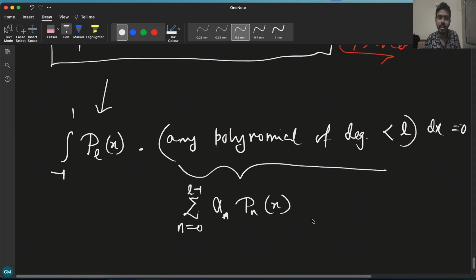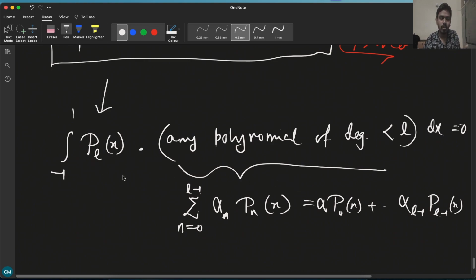Any polynomial of degree, say, capital N can be written like this. So any polynomial of degree less than L can be written as a linear combination of these up to L minus 1. So in this summation there will be terms like alpha 0 P0(x) plus dot dot dot up to alpha L minus 1 P(L minus 1)(x). There will be no term like Pl(x), right?